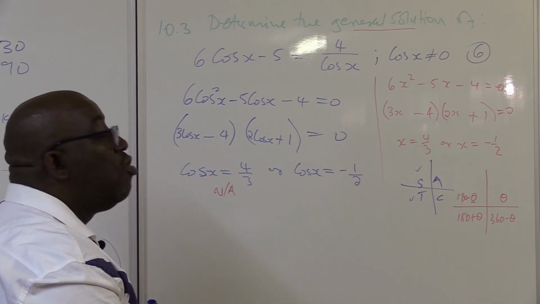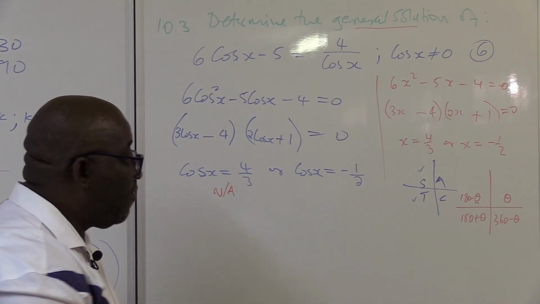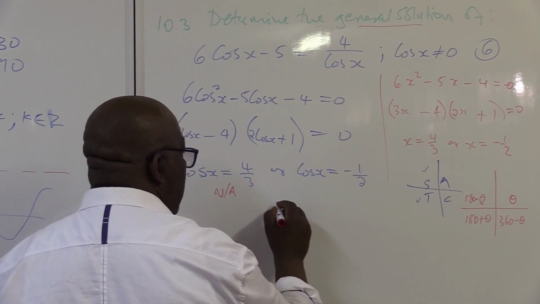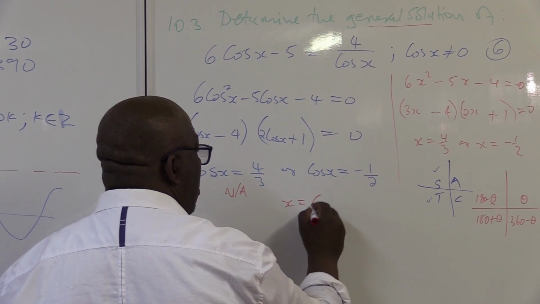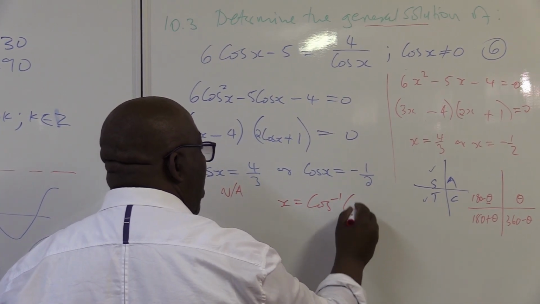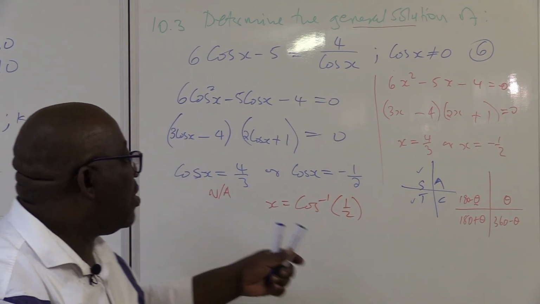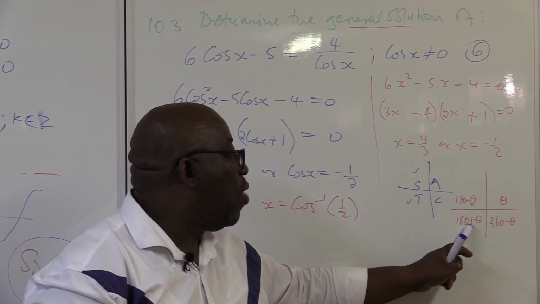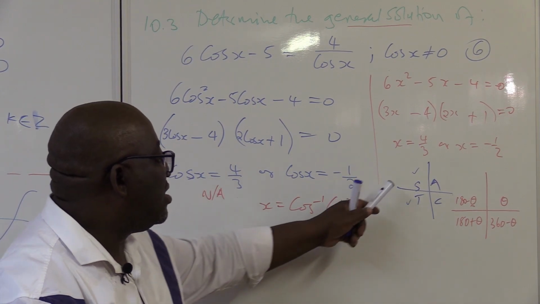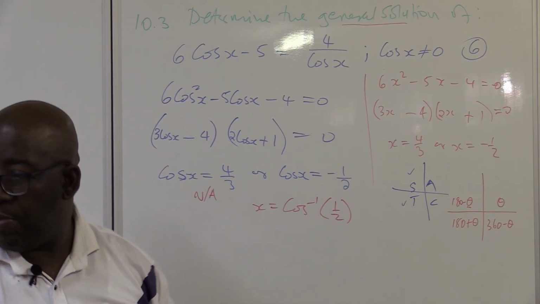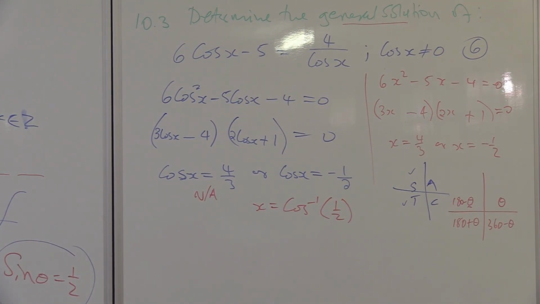How to solve it? You look for arc cos of half. X will then be equal to arc cos of half. You no longer put that minus there because the minus was trying to tell you the quadrant where you'll find the solution. In this case, it is in the second and the third quadrant. We'll come back to that now. Let's quickly solve for this.